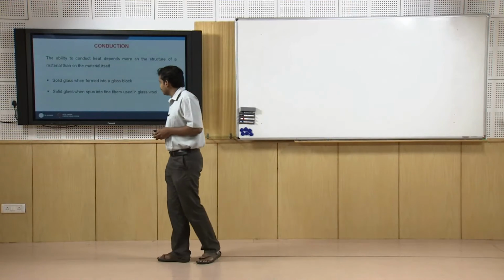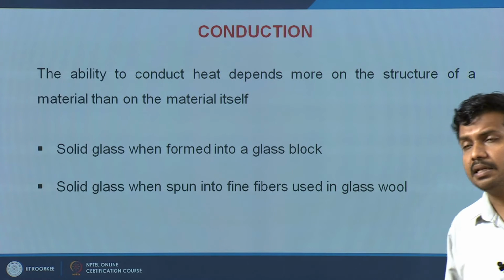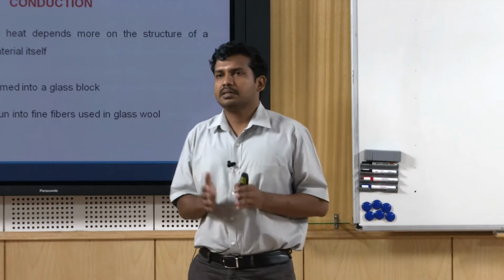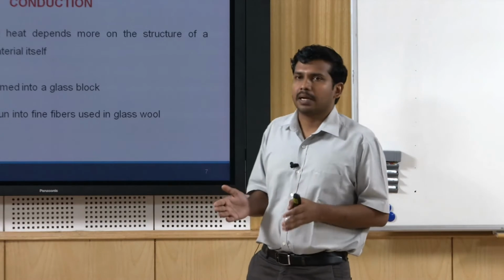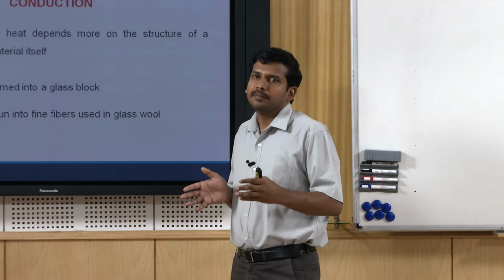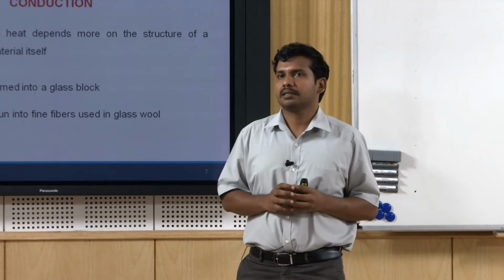Further about conduction, the conductive heat transfer depends more on the structure of the material than the material itself. Precisely as I told you about the glass block, the same material is used in a glass block, which is commonly used for internal partitions. You have a glass block, say 100 mm thick, and you have the same material. Let us take just conduction for now.